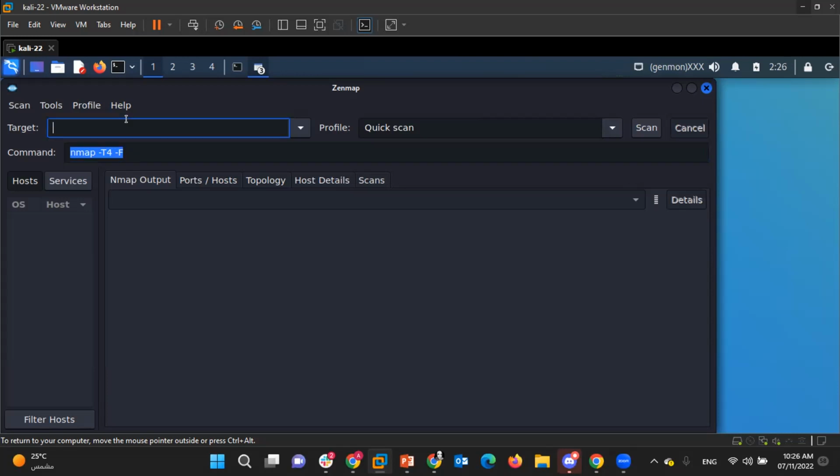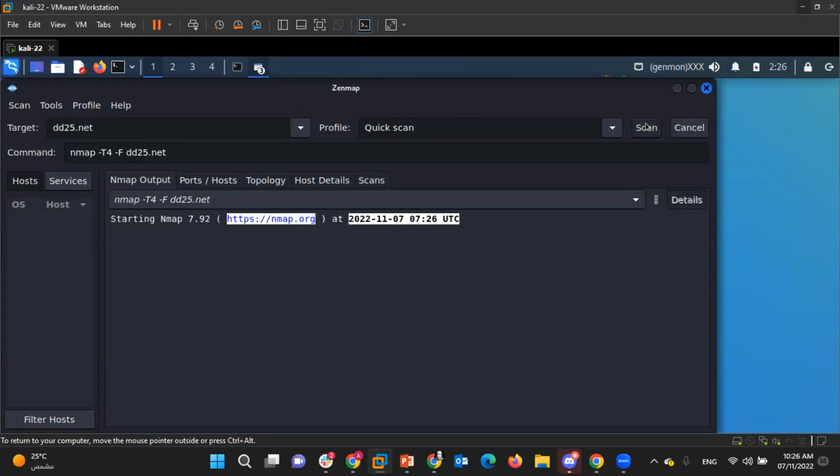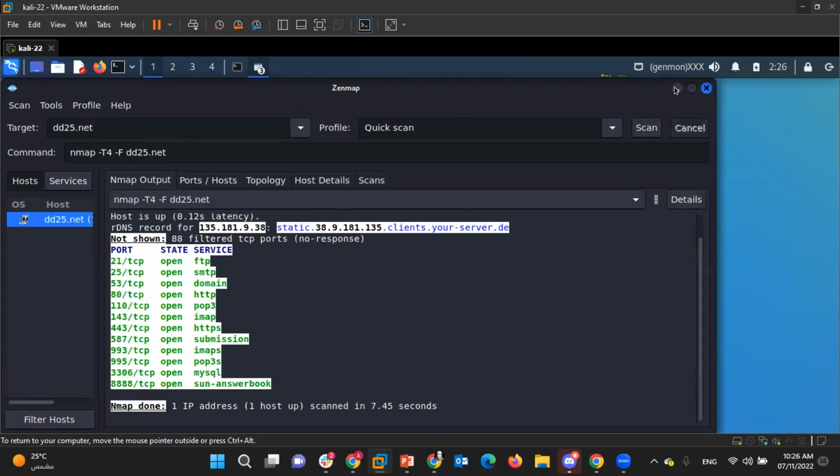Here in the target, we should write the site we need to scan. Okay, scan. We'll wait a bit to find the result. This is one IP. This server has just one IP.